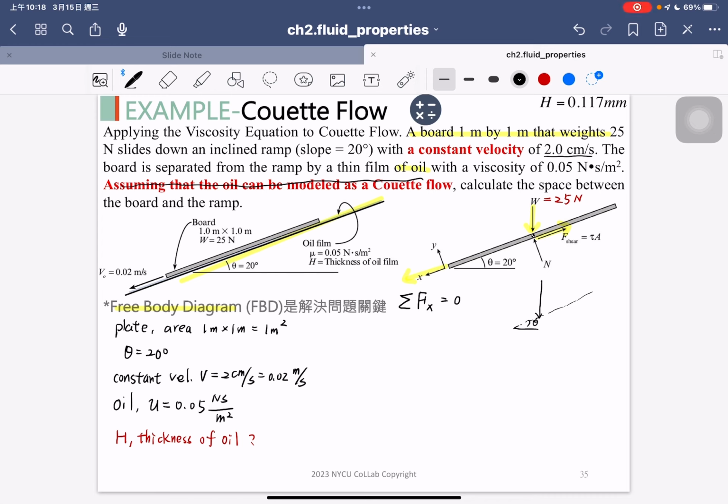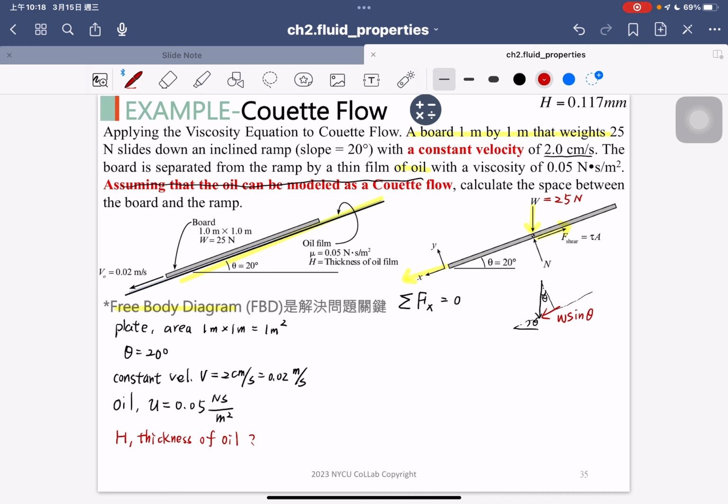We can draw the projection line here, and this is also the theta angle. So we can have the force along the x direction. This is the weight, and we compute with sine theta, and we can project the weight to get the force along the x direction.